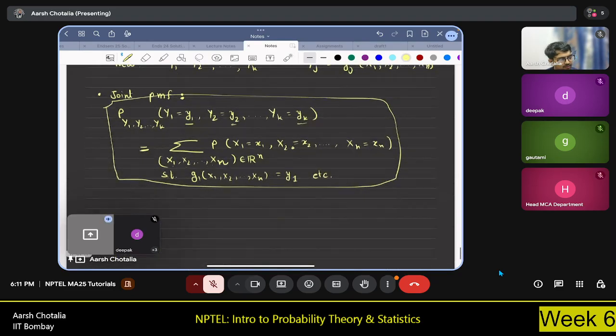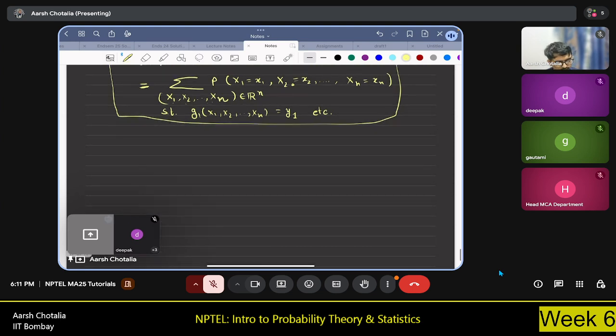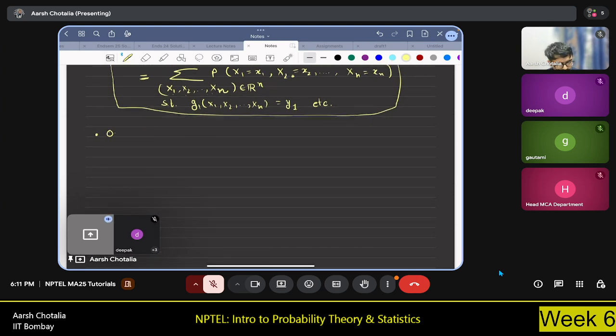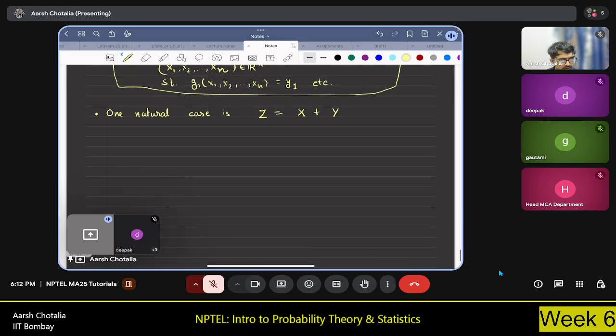Okay, then we did some examples. For example, one natural case is the sum of two random variables, right? So you are given X and Y, and you want to find the distribution of Z, which is given by X plus Y. This is something that we are always interested in.